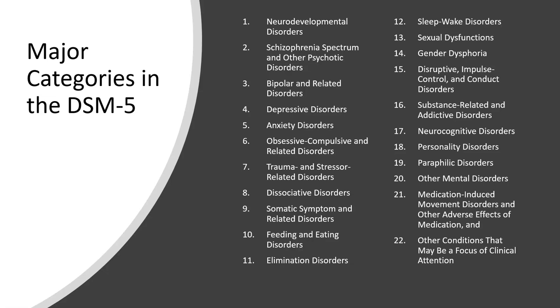Now, just to give you a snapshot of the complexity of the DSM, the modern DSM, you have this very long list of disorders. So the first 20 are categories that have been used to describe the various forms of disorders that people can have. And there have been some changes over the decades, moving some things around.